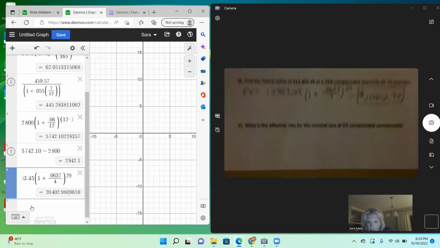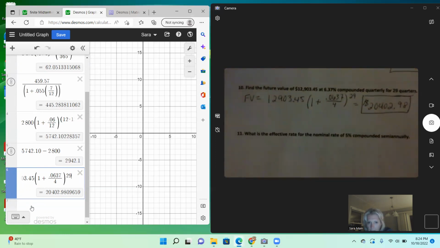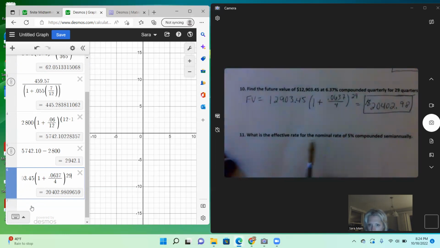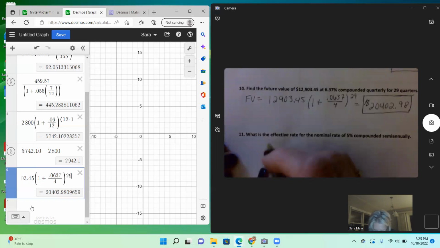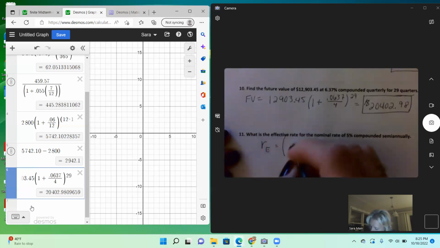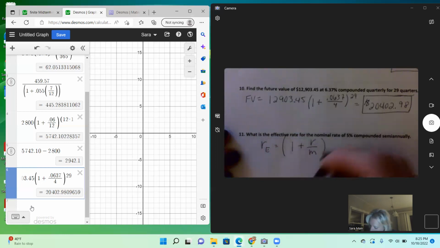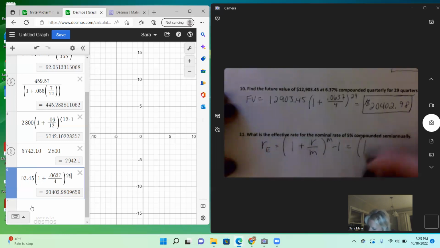Number 11 says, what is the effective rate for the nominal rate of 5% compounded semi-annually? So for the effective rate, the formula is 1 plus the rate divided by m, to the m, minus 1. So that's going to be 1 plus, our rate is 5%. We're compounding semi-annually, so m is 2, to the 2, minus 1.